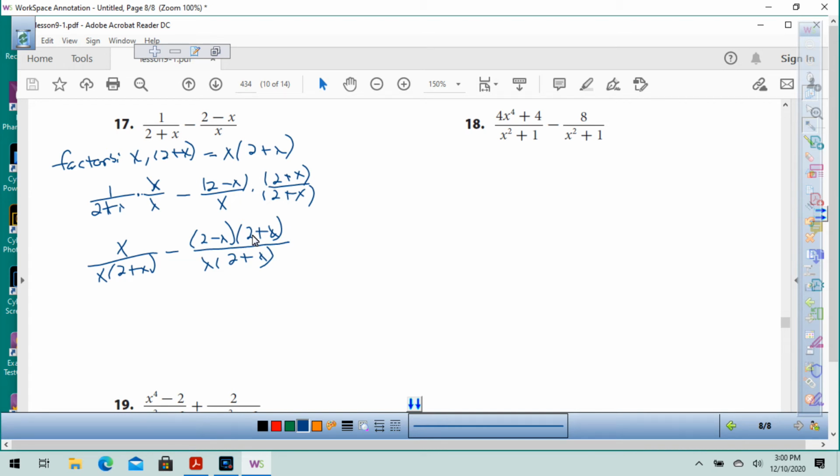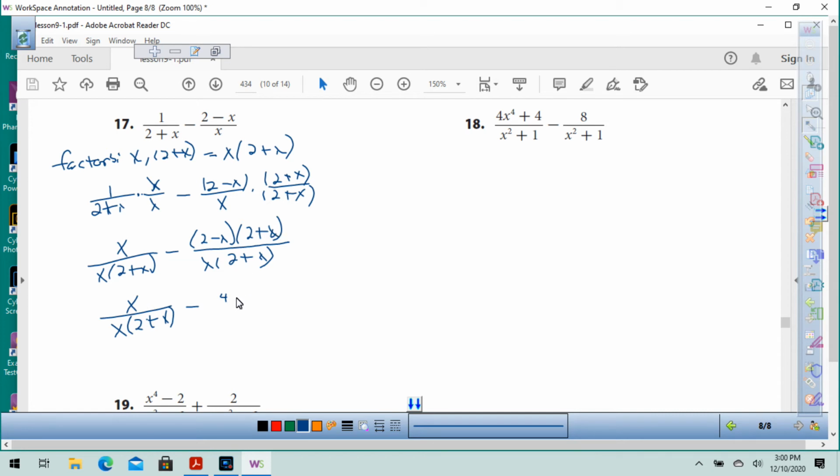Now, to do the actual subtraction, I'm going to have to go ahead and multiply that across. So, I got x over x times 2 plus x minus 2 times 2 is 4.